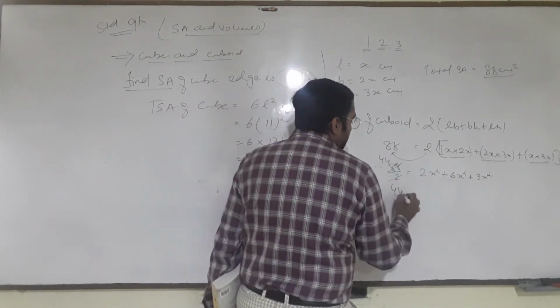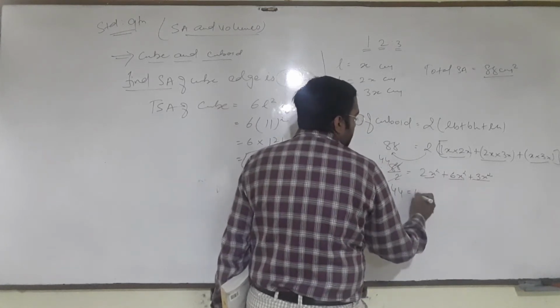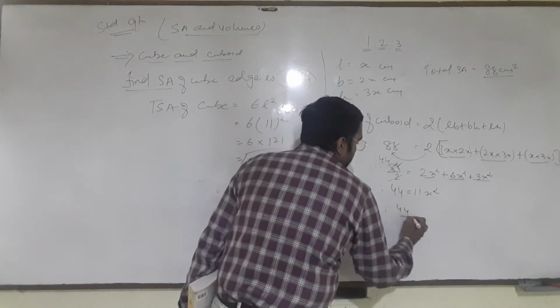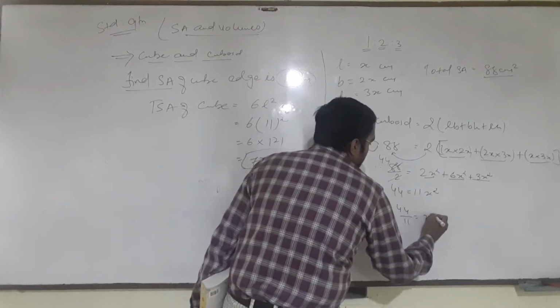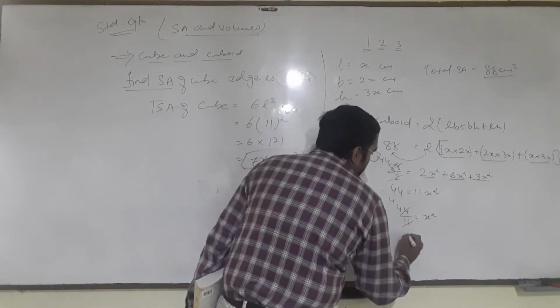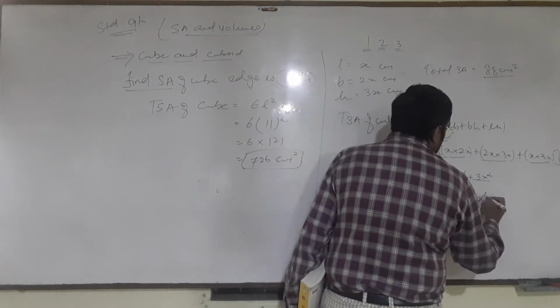Therefore 44 equals 3 plus 6 is 9, 9 plus 2 is 11, 11x square. Therefore 44 divided by 11 equals x square, that is 4. Therefore x square equals 4.